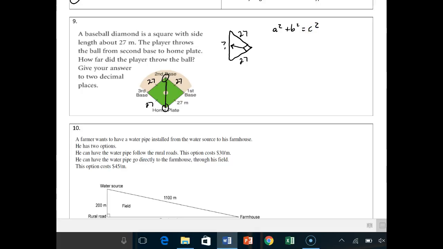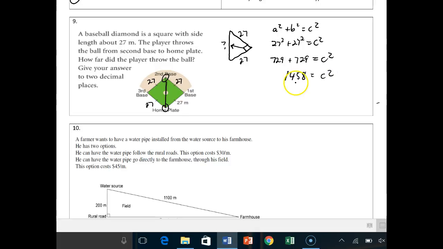You don't know it, so immediately you should think, a squared plus b squared equals c squared. Yep, definitely going to use a calculator for this one, because 27 squared is going to be a pretty big number, but you're going to add 27 squared twice because both lengths were measured 27, right? That turns out to be 729 plus 729 is equal to c squared. That's 1,458 is equal to c squared.